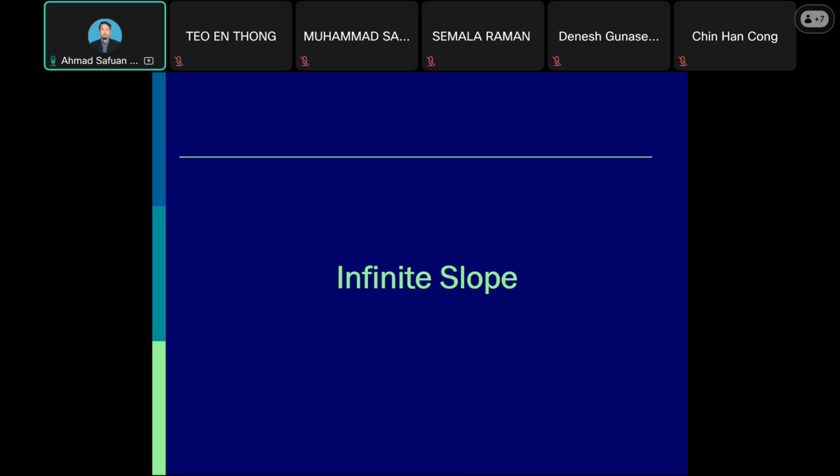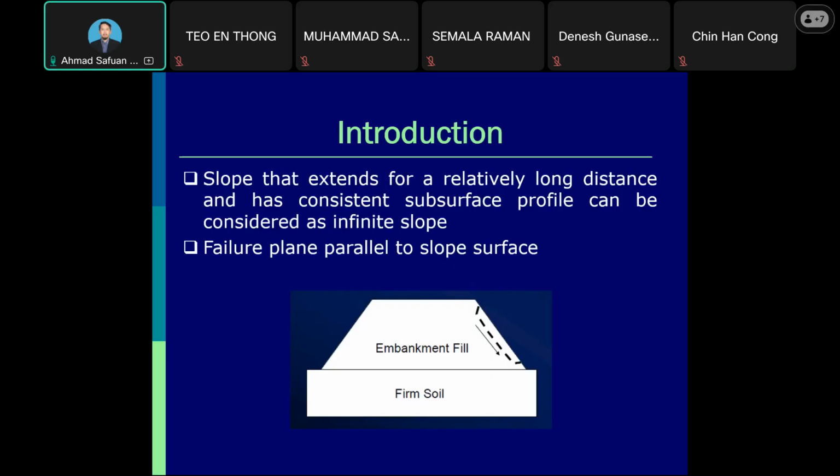For this session, we discuss the infinite slope, on how to determine the stability for the infinite slope, and how to calculate the infinite slope factor of safety. A slope that extends a relatively long distance and has a consistent subsurface profile can be considered as an infinite slope.